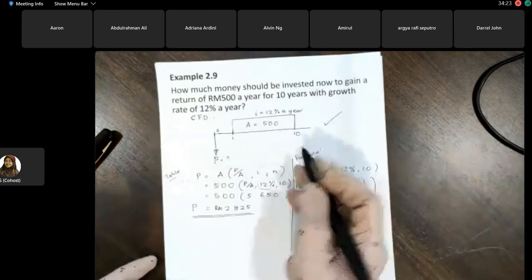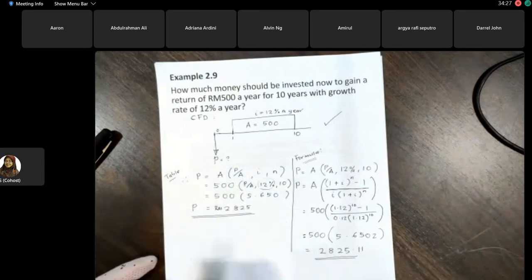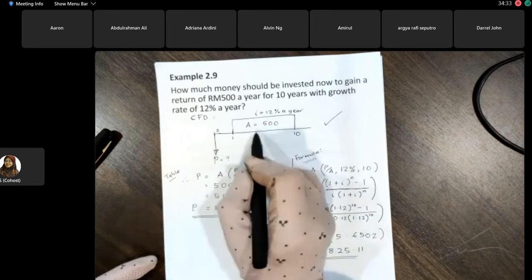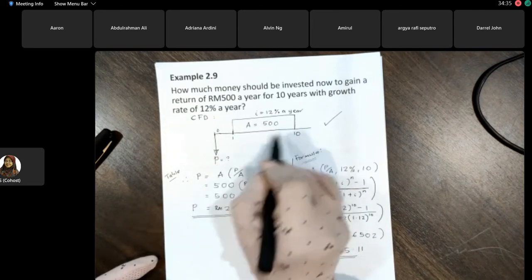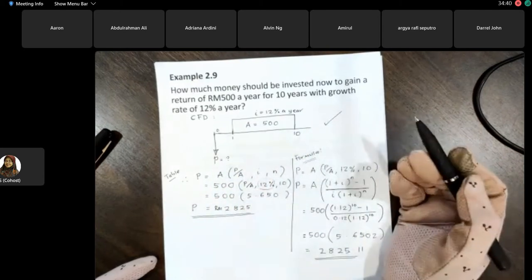Here that means how much money should be invested? You should invest 2,825 ringgit now in order to get the return annually 500 ringgit until 10 years.